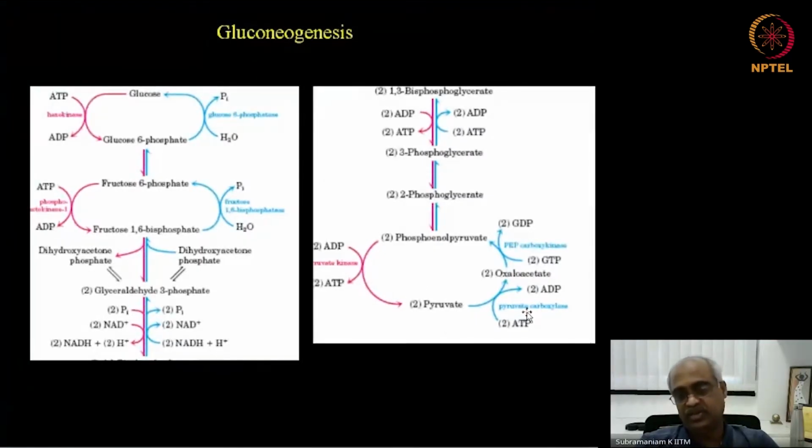That happens by two other enzymes: pyruvate carboxylase to oxaloacetate, which is an intermediate in the citric acid cycle that we will see soon, and then a carboxykinase that finally forms the phosphoenol pyruvate. So this is one bypass, bypassing the glycolytic direction of PEP to pyruvate, a two enzyme step, and both require energy.